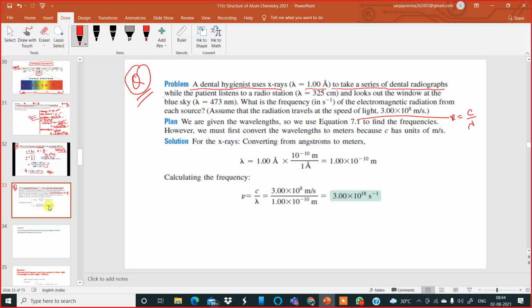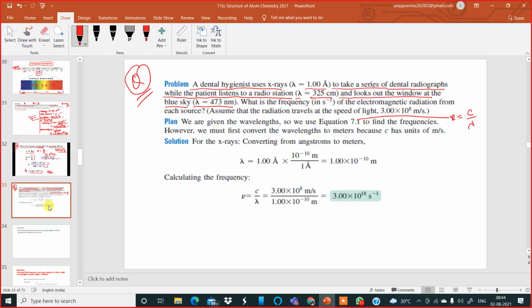While the patient is lying down, the patient is listening to a radio station, enjoying music, and the wavelength of the radio waves is 325 centimeter. It is given in centimeter, mind it. And the patient looks out of the window at the blue sky. The color of the blue sky reaching his eyes has a wavelength of 473 nanometer.